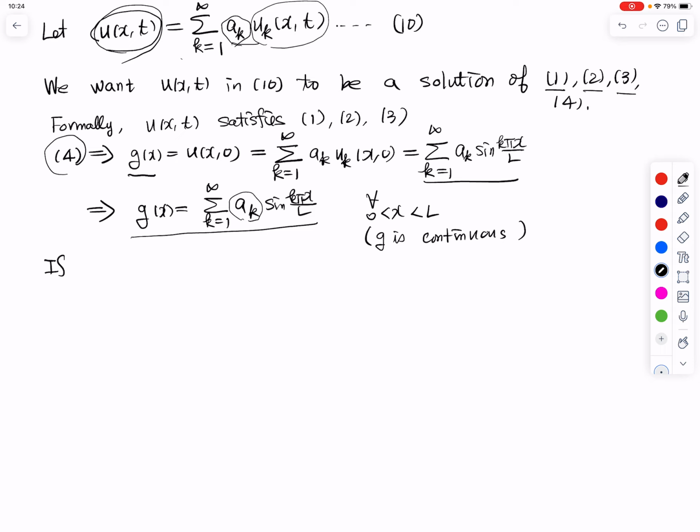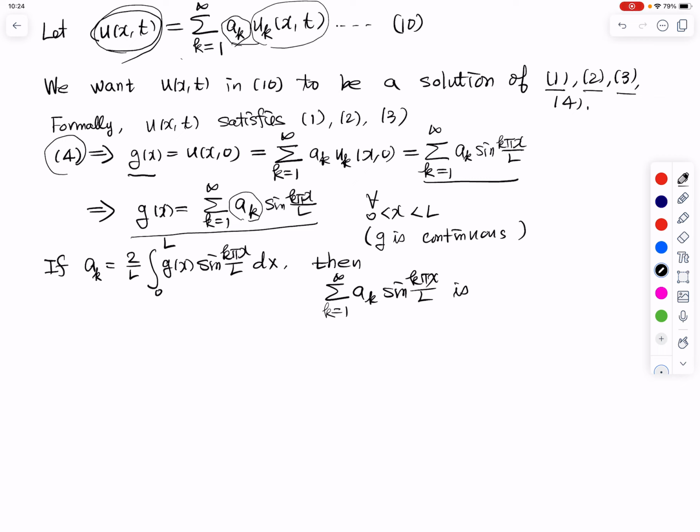If I take a_k equals 2 over L integral 0 to L g(x) sine(k pi x divided by L) dx, then the right hand side, summation k from 1 to infinity a_k sine(k pi x divided by L), is the Fourier sine series of g on x between 0 and L. Okay, so this is what we learned in previous lectures.